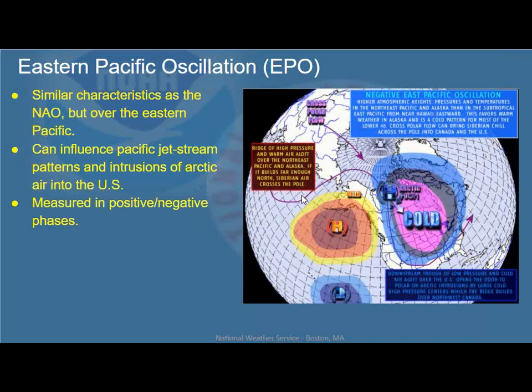So moving on to the Eastern Pacific Oscillation. And again, the word Eastern Pacific implies that we're talking about the Eastern Pacific Ocean. And there are a lot of similarities with the NAO, but in this case, it's over the Eastern Pacific, so kind of focused just west of the West Coast. And it can influence Pacific jet stream patterns and intrusion of Arctic air into the US as well. And again, it's measured in positive and negative phases.